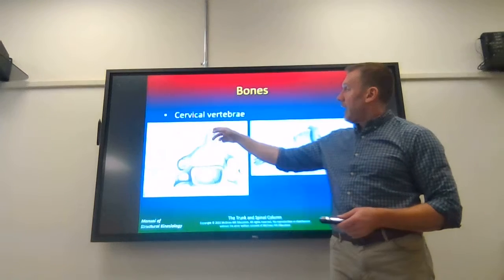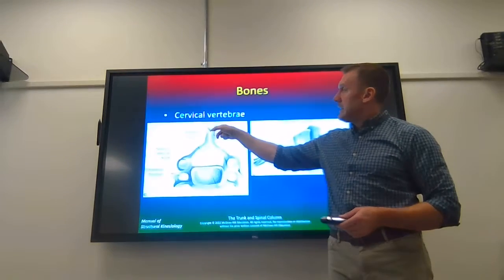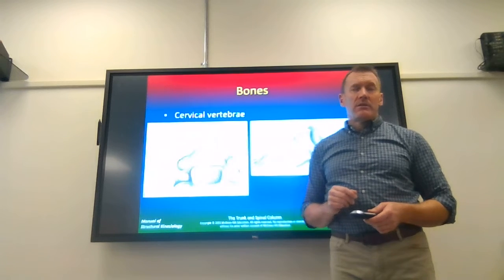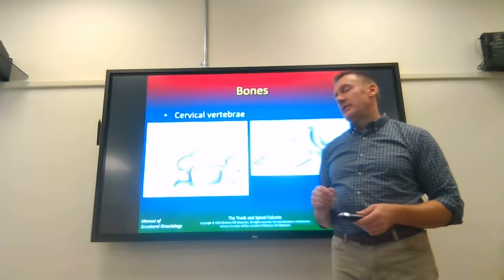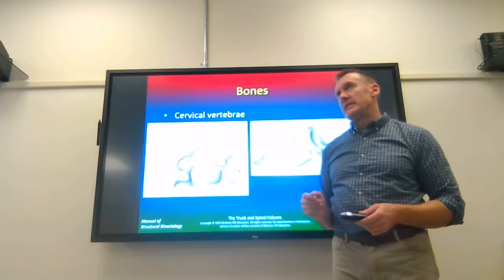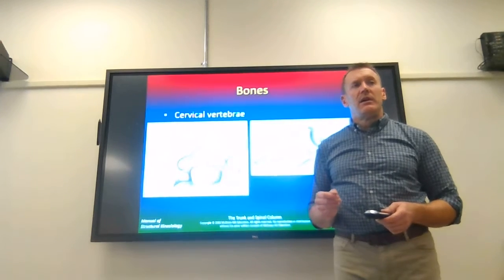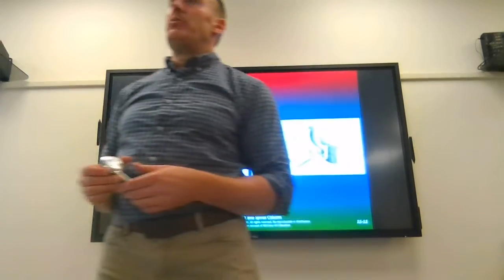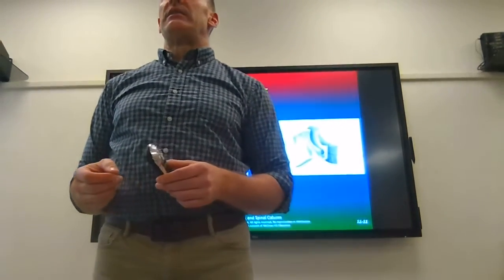You can see that here, this split in the spinous process. If you look at all of C3 through C7, there's this split. That's important because that's an attachment for an important ligament of the neck that holds the head up.